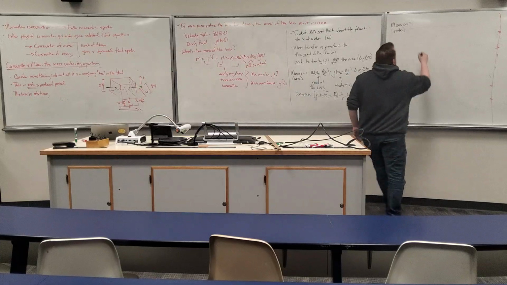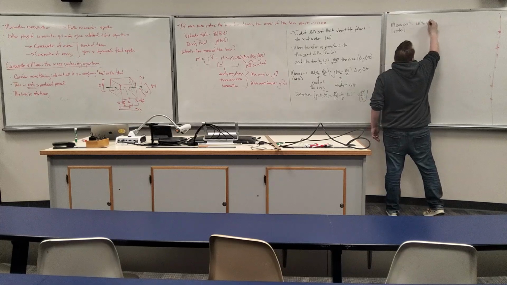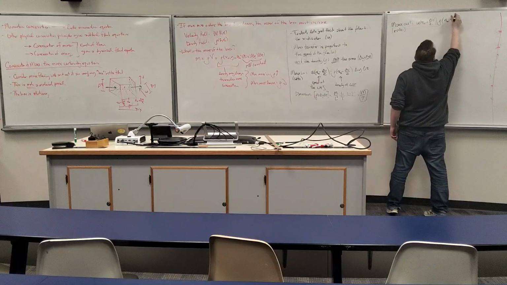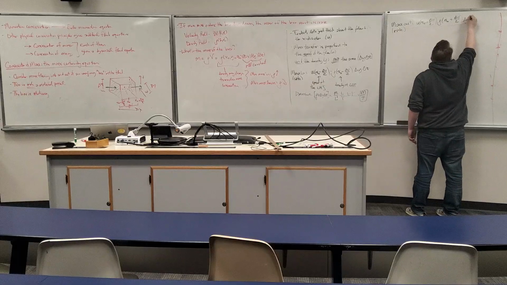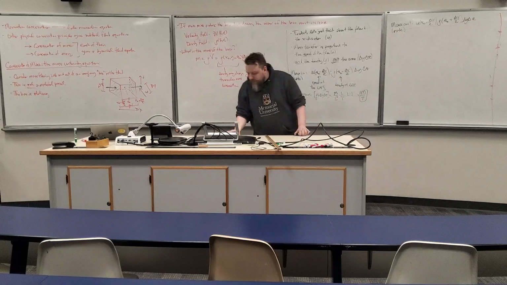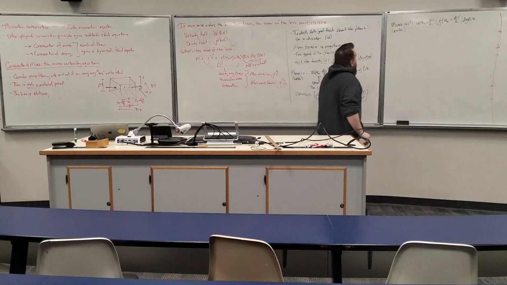So we can write this down as u of x naught plus delta x over 2 times rho of x naught plus delta x over 2 times delta y delta z. Okay.